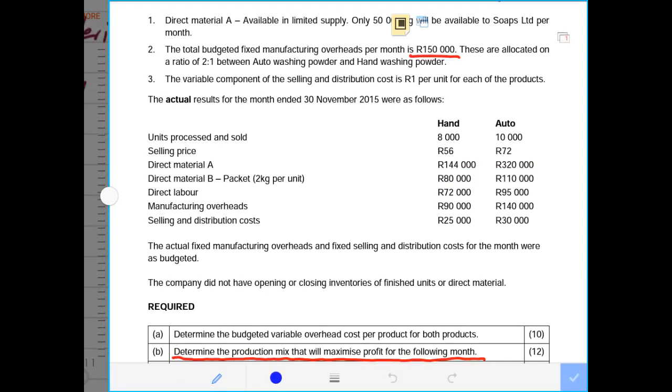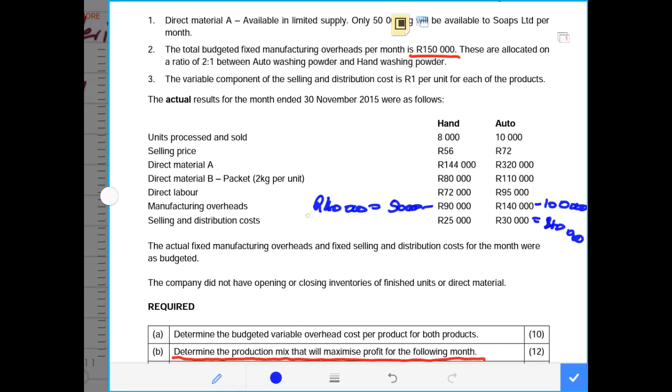We first need to remove the portion that is fixed. We said minus 50,000, because budgeted was the same as actual, and the remainder will be 40,000 if you remember. So actual variable overheads remained 40,000 for both products.